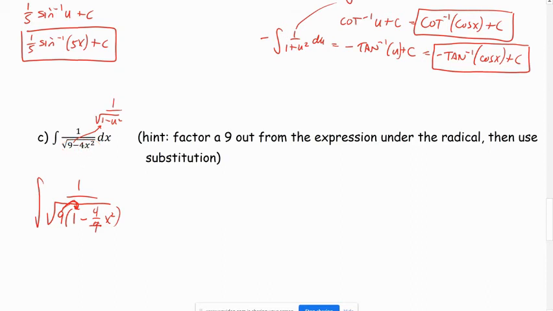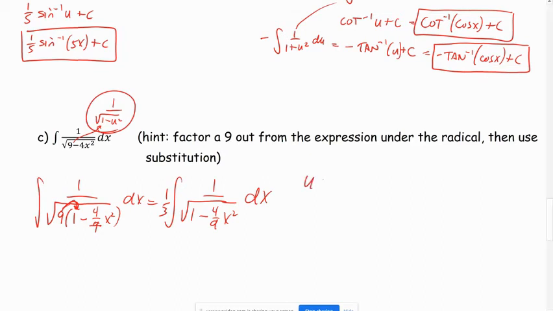Okay, so we've factored out the 9, and now we can take the square root of the 9, and it becomes a 1/3. So I'm going to bring that out in front. Square root of 9 is 3, but since it's in the denominator, it's 1/3. So now we have 1 minus 4/9 x squared dx. And remember, we want it to look like this. And so that means u would have to be 2/3 x. So u equals 2/3 x, du equals 2/3 dx.